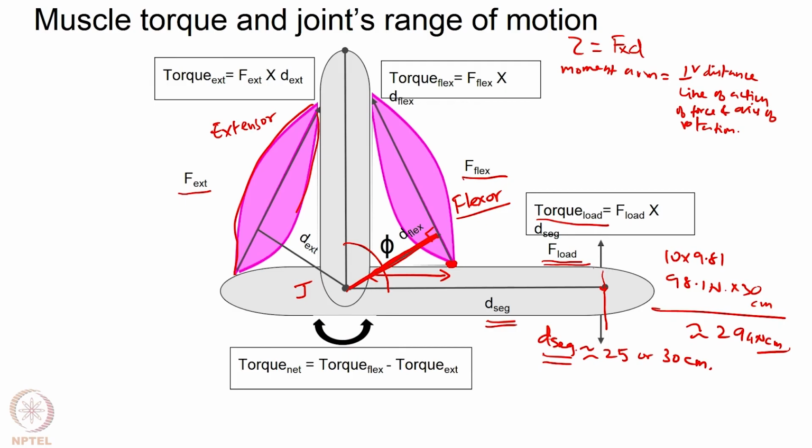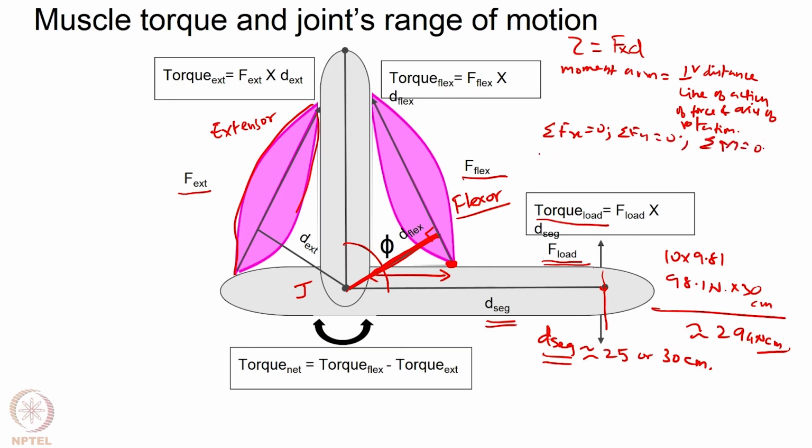D flex is the moment arm of the flexor, and the muscle force that is produced by the flexor is F flex, and the force that is produced by the load is basically F load. Then essentially you are looking at equations of static equilibrium, which is basically sigma Fx equal to 0, sigma Fy equal to 0, sigma M is 0.